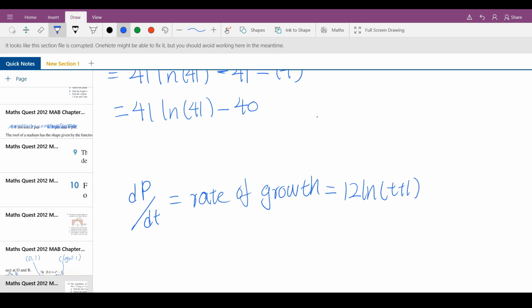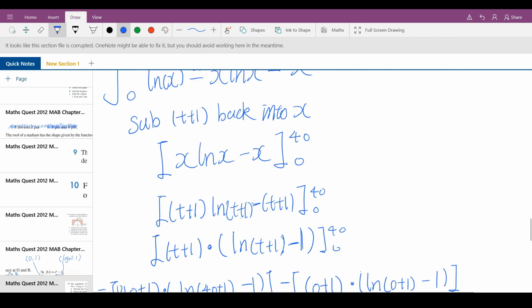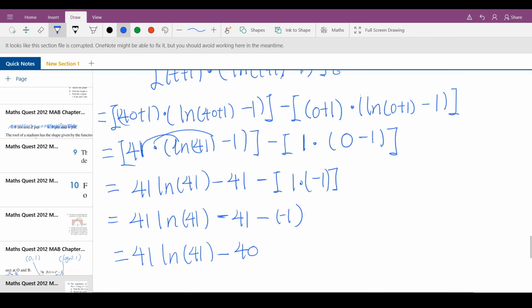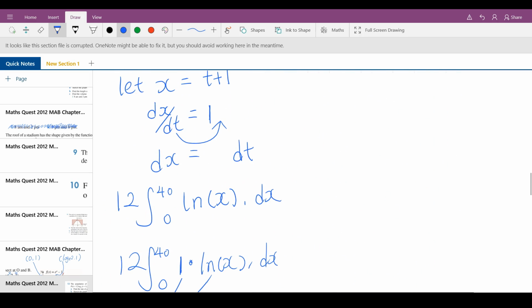That's the rate of growth function. And when we integrated it, we moved the dp to the other side, so that gives us dp equal to 12 ln t plus 1. I just realized something. I forgot to times 12 right at the beginning, the 12.